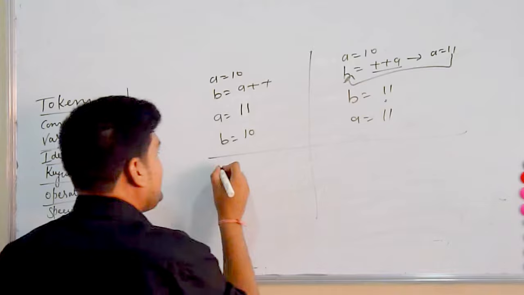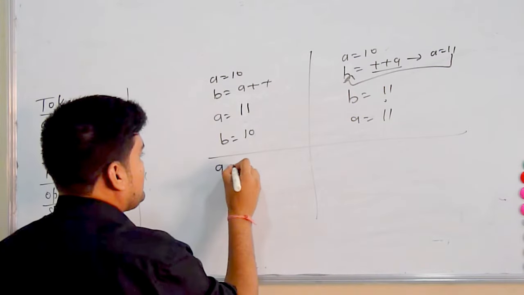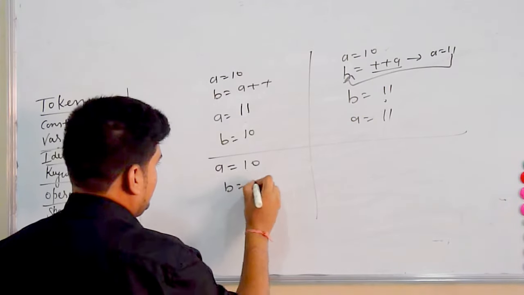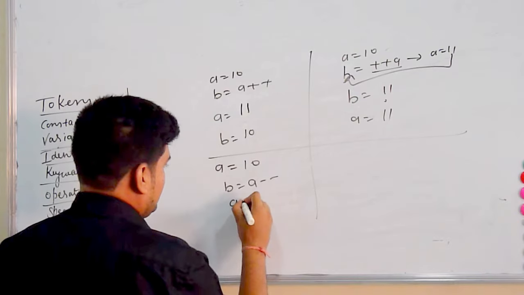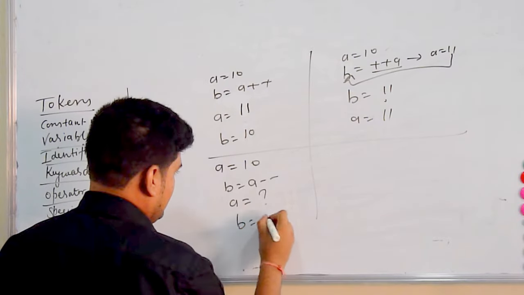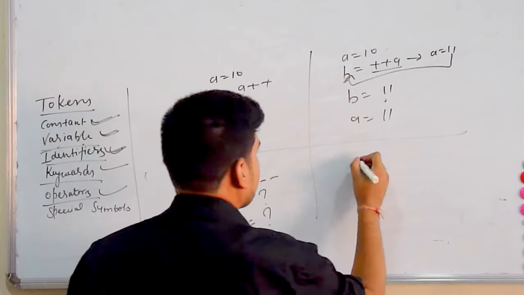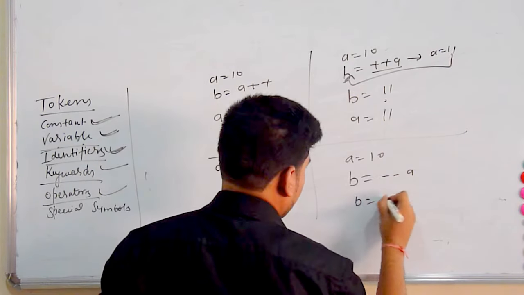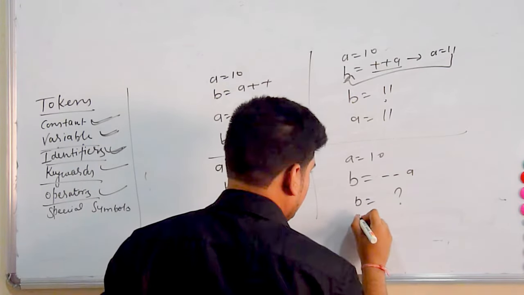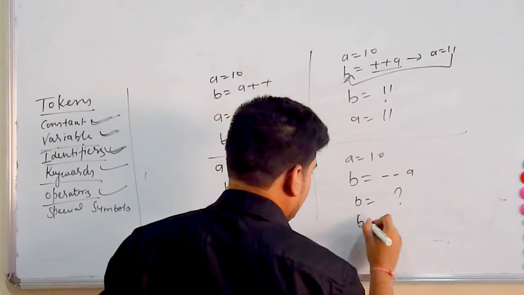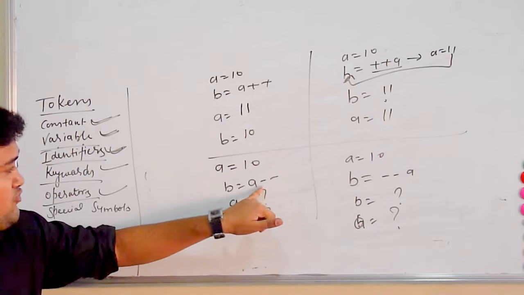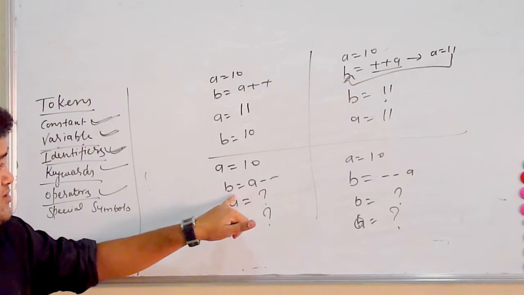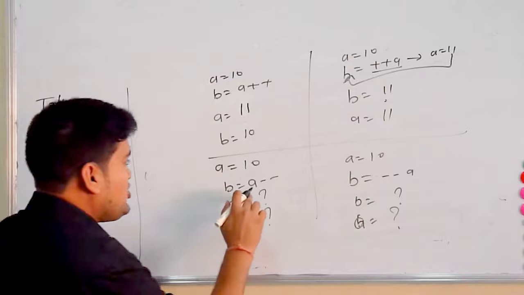Same, the difference between the pre-decrement and post-decrement. We are writing here some expression. Same here. What is happening before? The value of a is initialized into b first. So the value of a is 10.